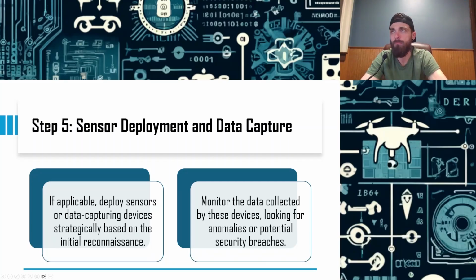This could be step 5, sensor deployment and data capture. This could be at the same time as, or in addition to, or in place of network analysis. This could be, if applicable, deploy sensors or data capturing devices strategically based on the initial reconnaissance.